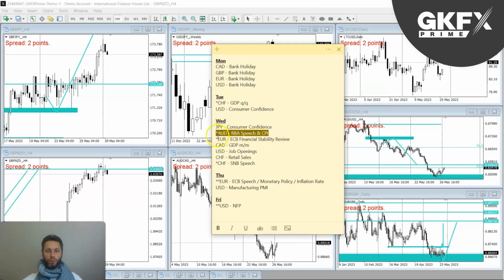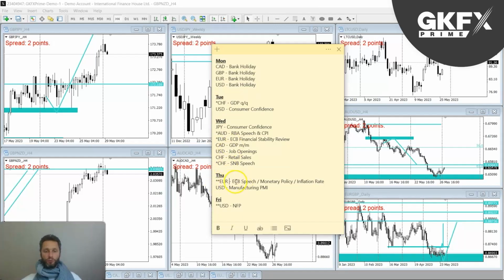So this is one to watch for this week. From the euro, the ECB financial stability review is another one to watch out for. On the CAD, monthly GDP figures. On the dollar, job openings. Again from Switzerland, retail sales, and once again a speech from the SNB. So Swiss will be one to watch for. We've got it on Wednesday, and we've got it on Tuesday as well.